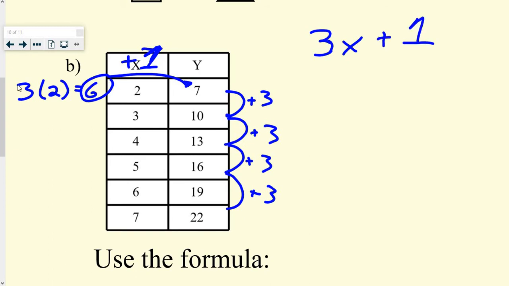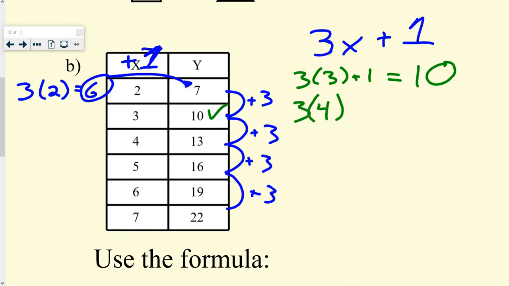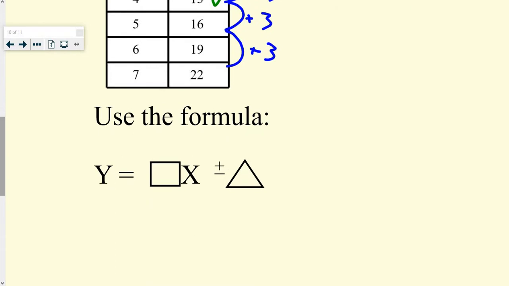Now let's go back and double check. 3 times 3 plus 1, that's 9, that's 10. 10 equals 10. Okay, 3 times 4 is 12 plus 1 is 13. Excellent. So the formula is 3x plus 1.